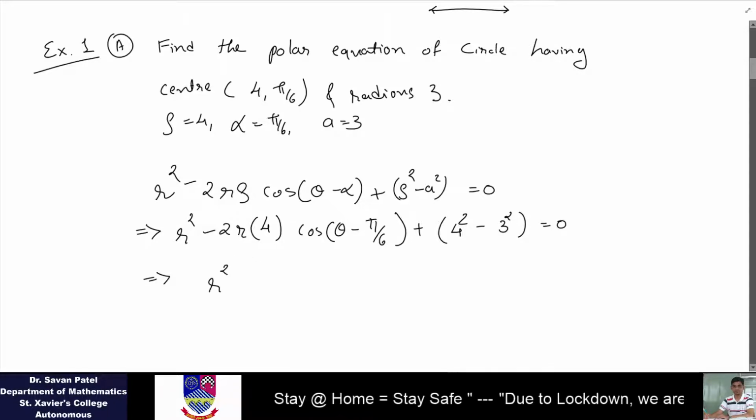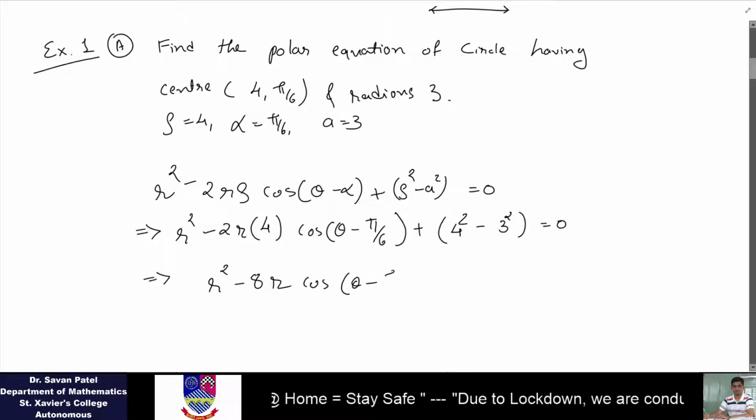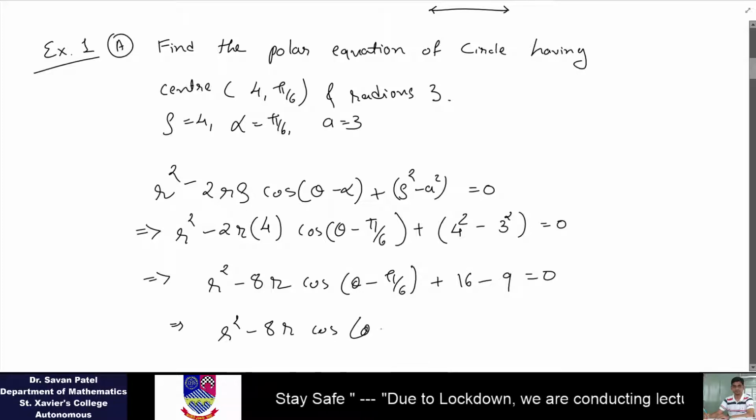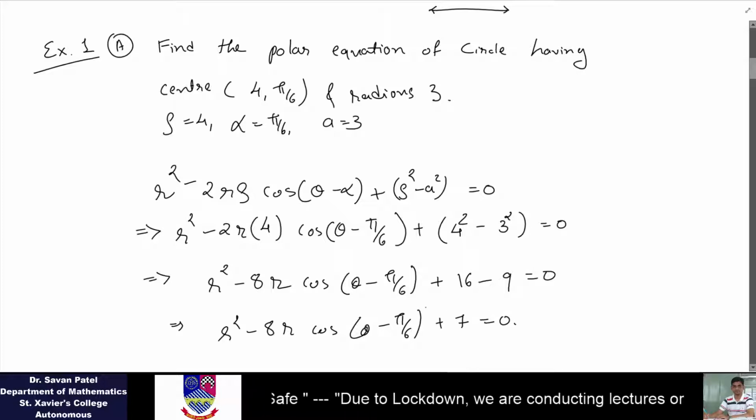That is r square minus 8r cos(theta minus pi by 6) plus 4 square is 16 minus 3 square, which is 9, equal to 0. So r square minus 8r cos(theta minus pi by 6) plus 7 is equal to 0. So this is our required equation.